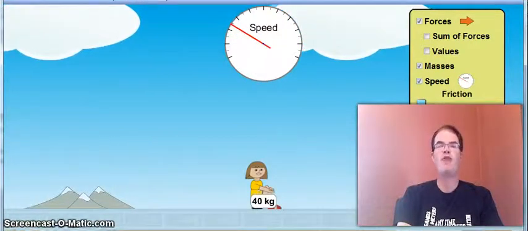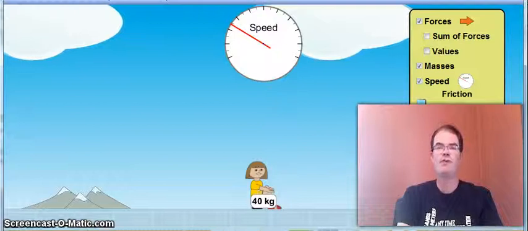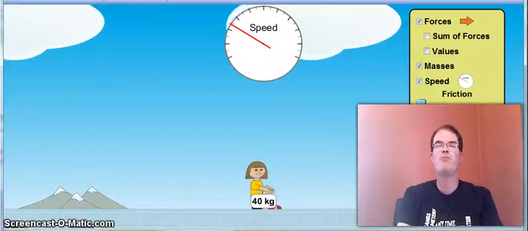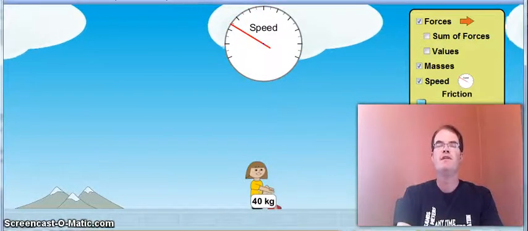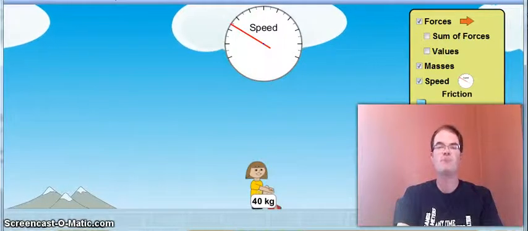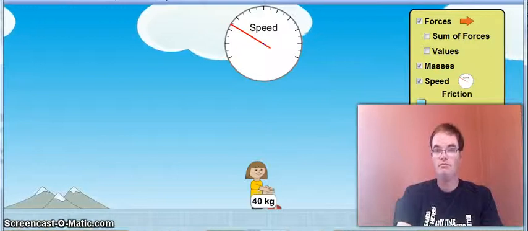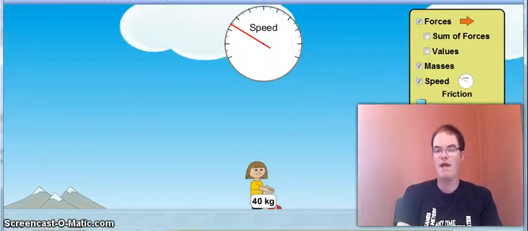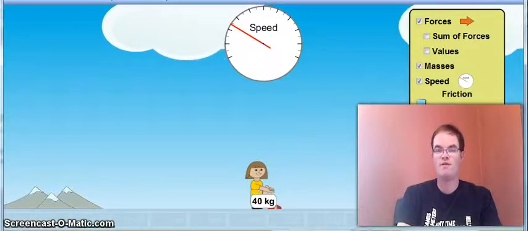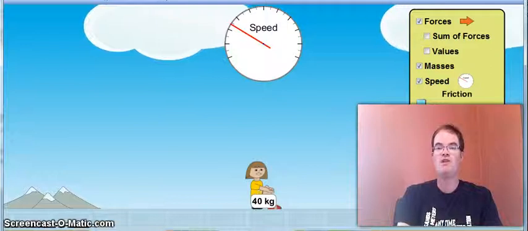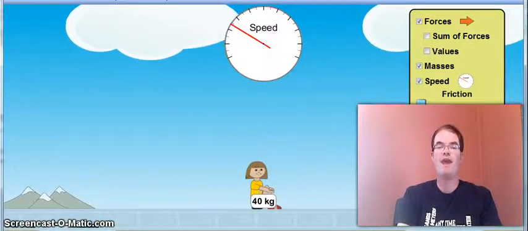All right, so in 5 seconds, there's no number here associated with the speed, but we can see basically where the dial is. It's about 3.5 units, we'll say. There aren't any numbers, but 3.5 units. Remember that. Okay? Because now we're going to try this again with another object.